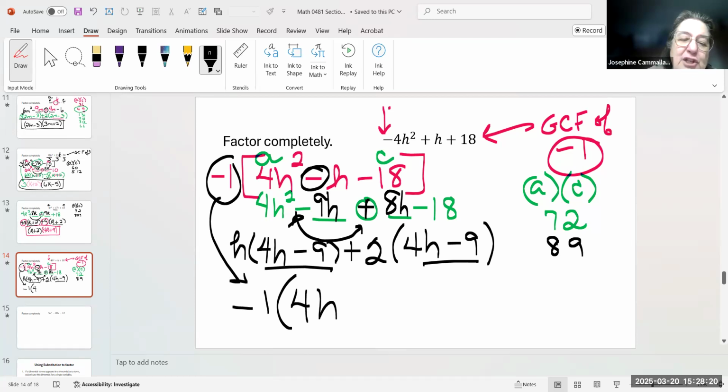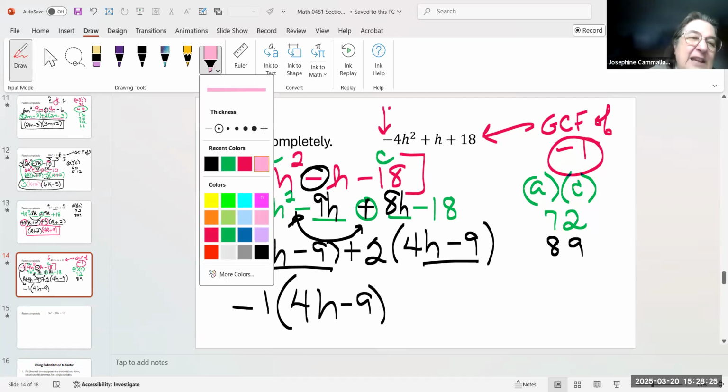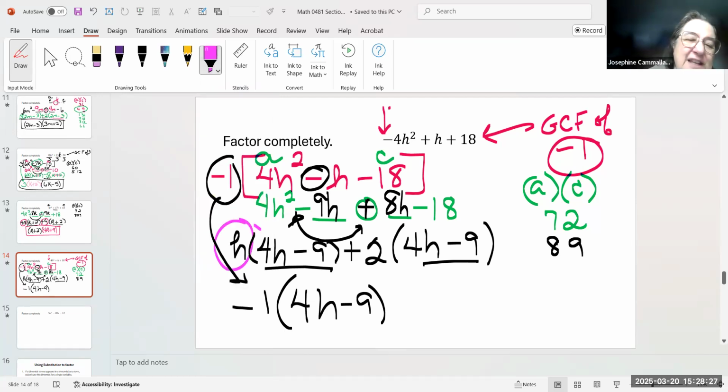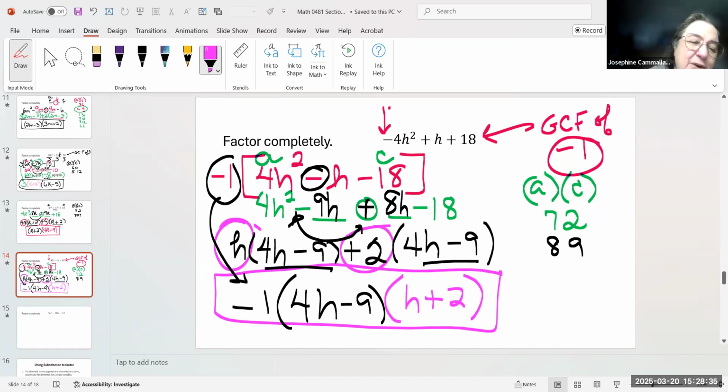This is 4h minus 9, and then I have this h and a positive 2. This is my answer, and do not lose that -1. We have a greatest common factor. You can't factor if the first term is negative. You've got to take out the -1.